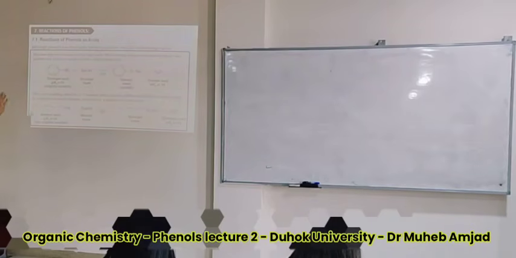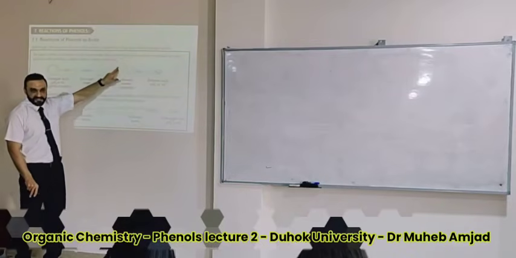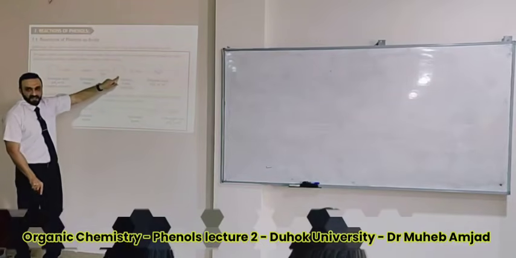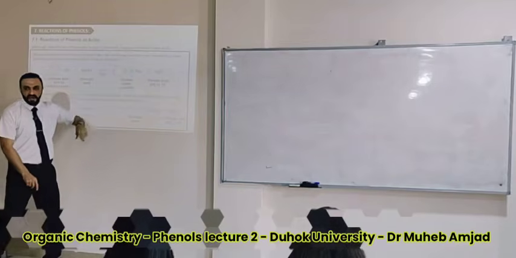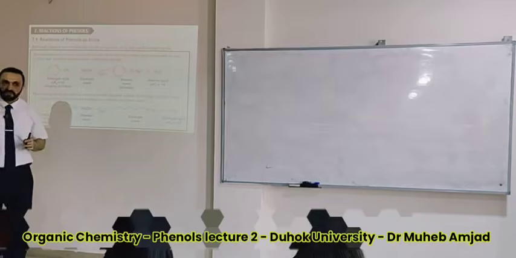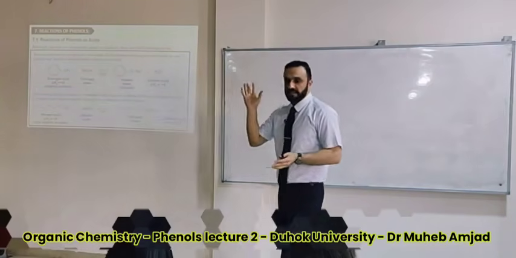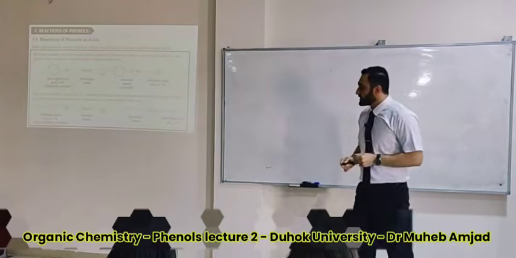So which is more stable, OH minus or O minus for the phenoxide, the phenoxide anion? Why is this more stable than OH minus? Because of the resonance with the benzene ring. This is the answer. Write the resonance, a complete answer. This is the first question for you.